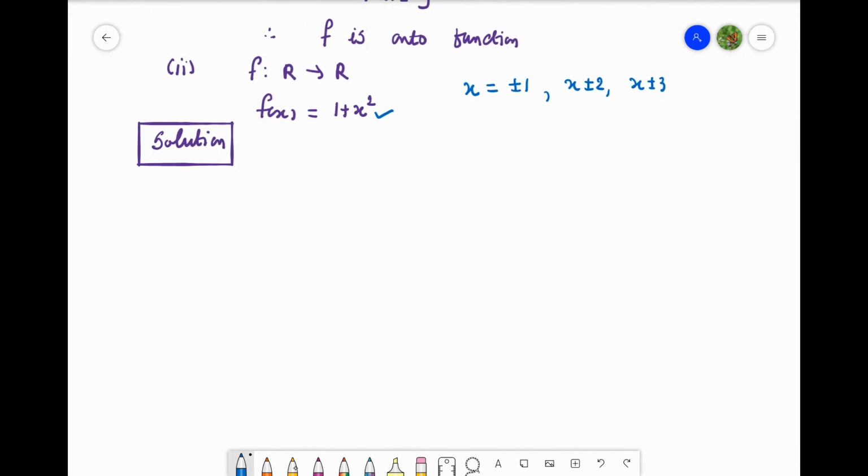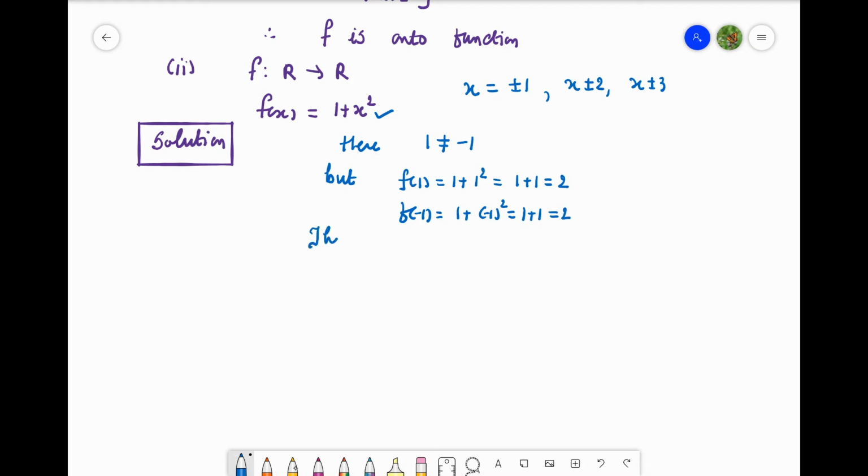Let us show that here 1 not equal to minus 1, elements are distinct, but f of 1 is 1 plus 1 square, that is 1 plus 1, so 2, and f of minus 1 is 1 plus minus 1 square, again it is 1 plus 1, so that is 2.